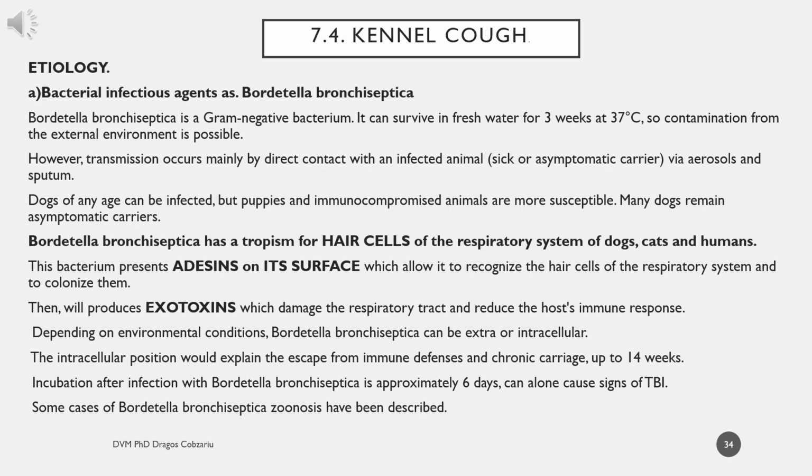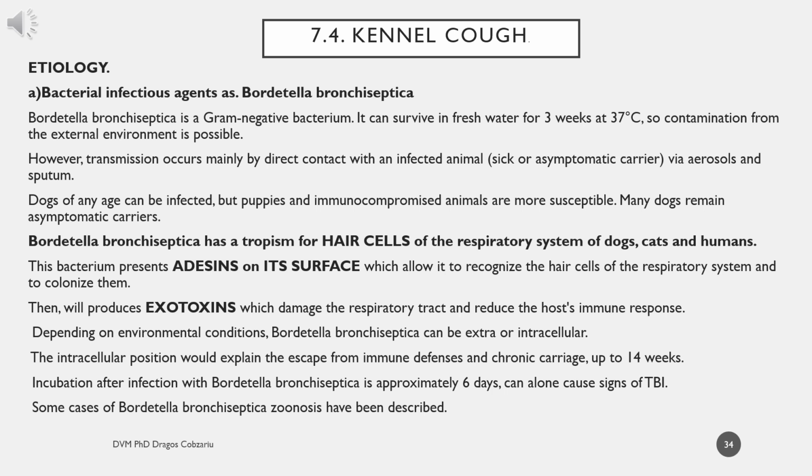Bordetella bronchiseptica has a tropism for ciliated cells of the respiratory system of dogs, cats and humans. This bacterium presents adhesins on its surface which allow it to recognize the ciliated cells of the respiratory system and to colonize them. Then, it produces exotoxins which damage the respiratory tract and reduce the host's immune response.